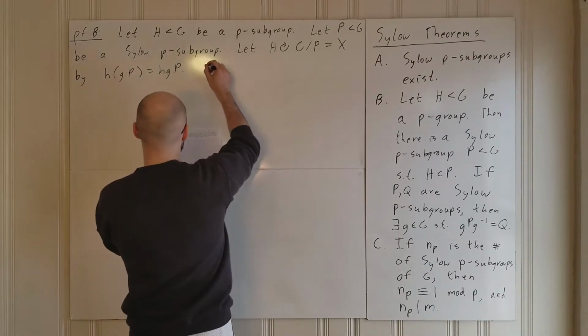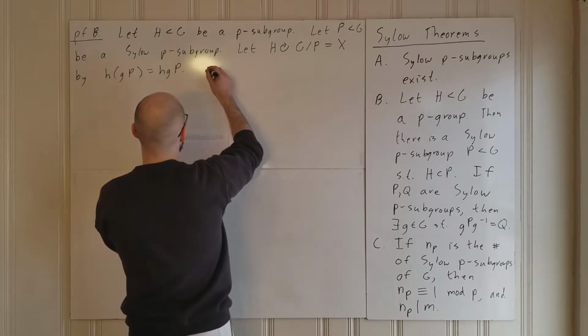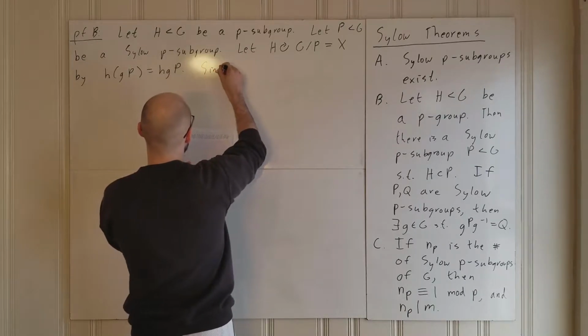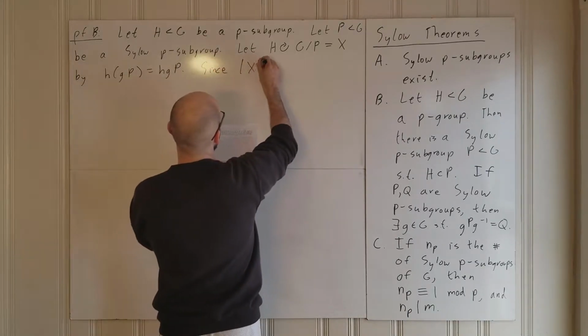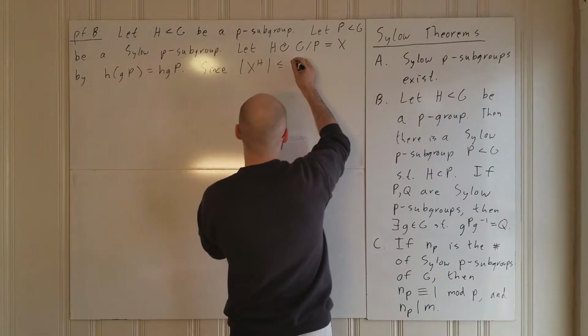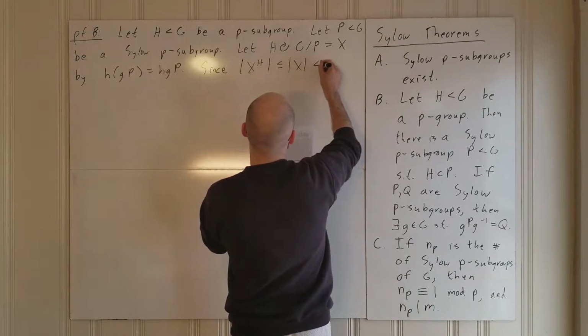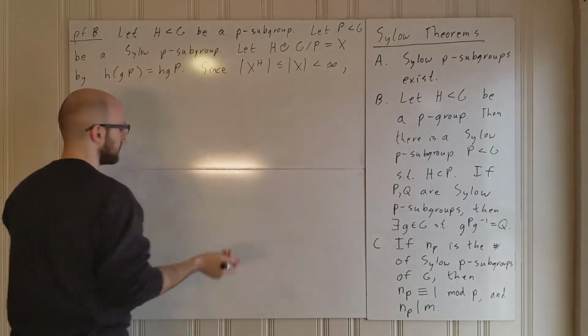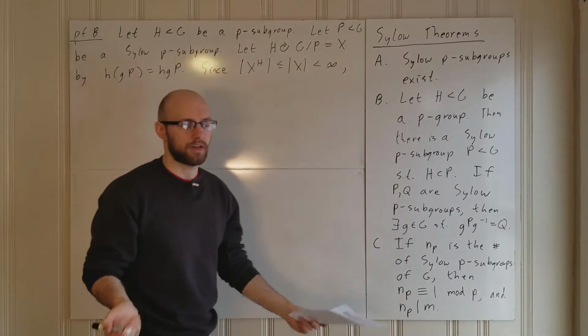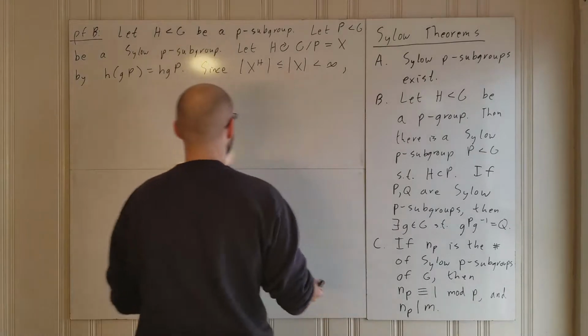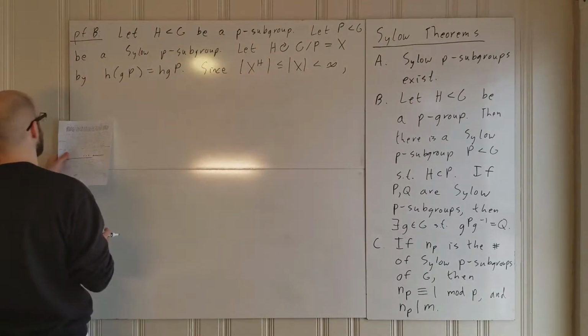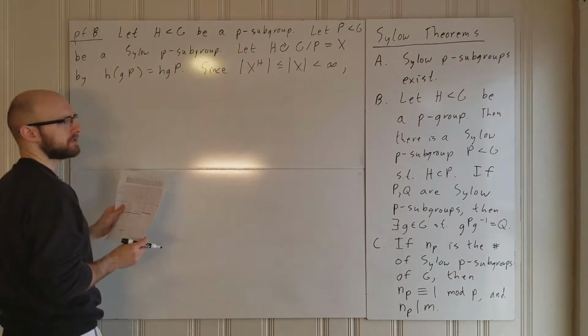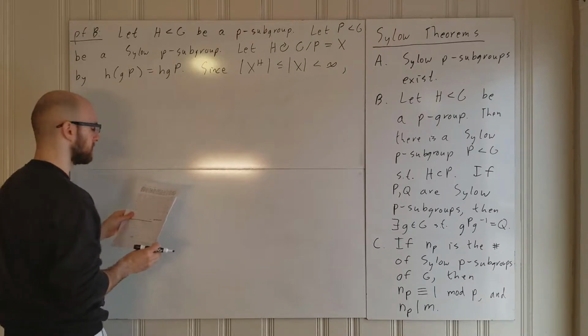Anyways, since the size of X to the H is less than or equal to the size of X, which is going to be finite, we can apply the first lemma that we discussed when we were talking about p-groups, I think it was the video before.